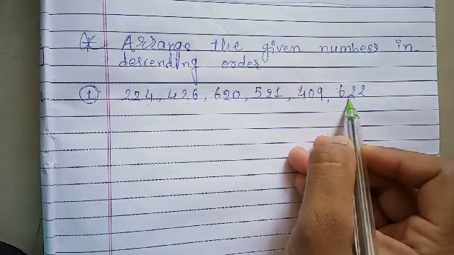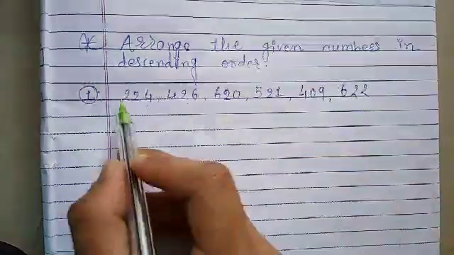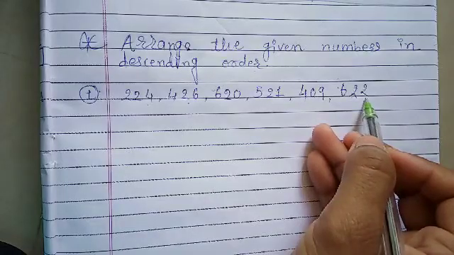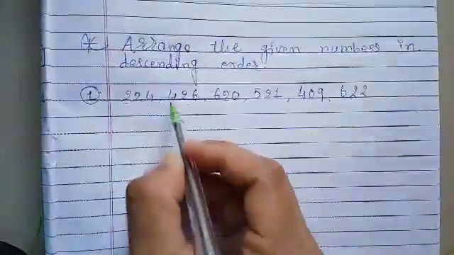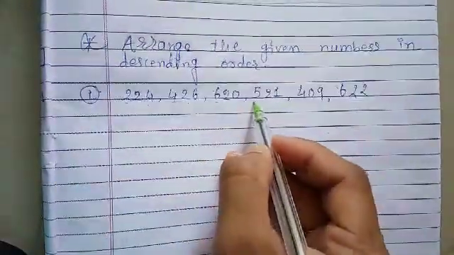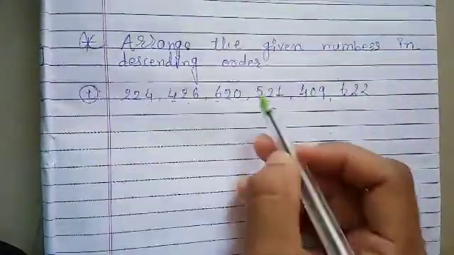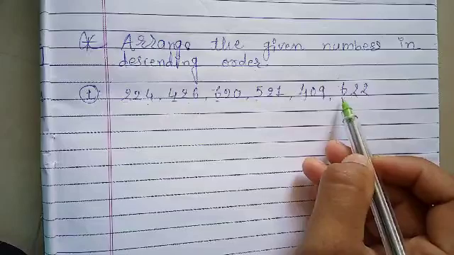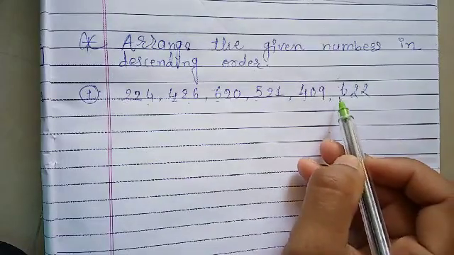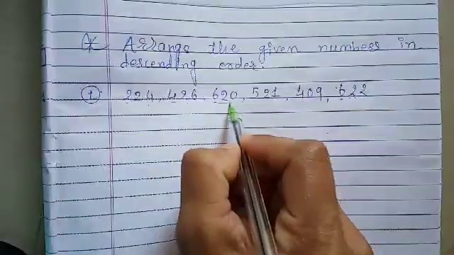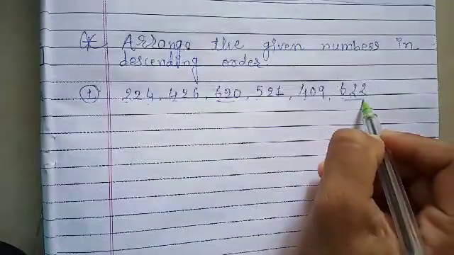Okay, now first look at the 100 place value of all the given numbers. So here is a 2, 4, 6, 5, 4, 6. Now out of all these numbers, which 100 place number is bigger? Yes, 620 and 622.